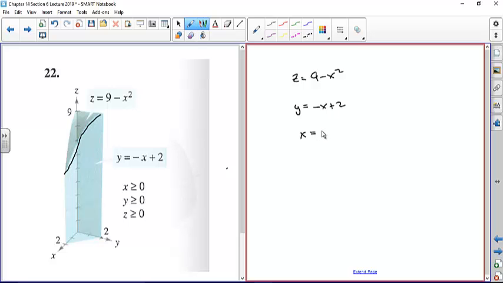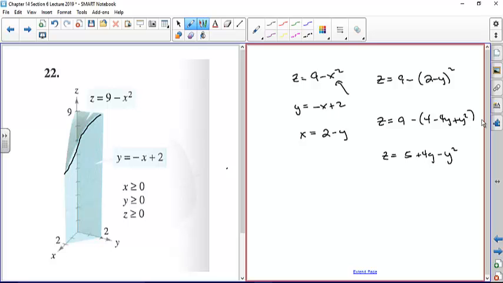So you get x is equal to 2 minus y, and then you plug that into here, and you get z is equal to 9 minus (2 minus y) squared. So you get z is equal to 9 minus 4 minus 4y plus y squared. And finally, 9 minus 4 is 5. And negative and negative is plus. So you get plus 4y minus y squared.